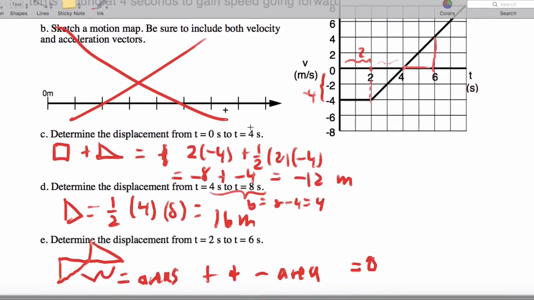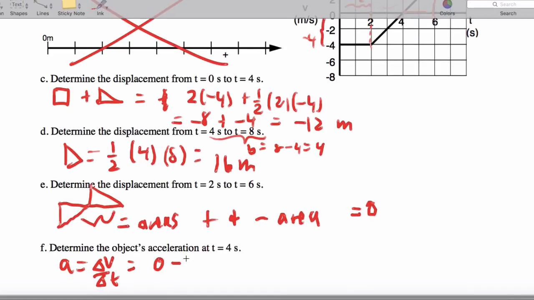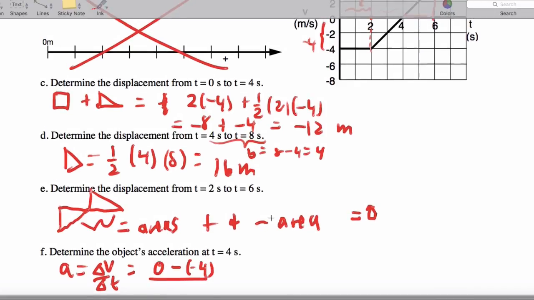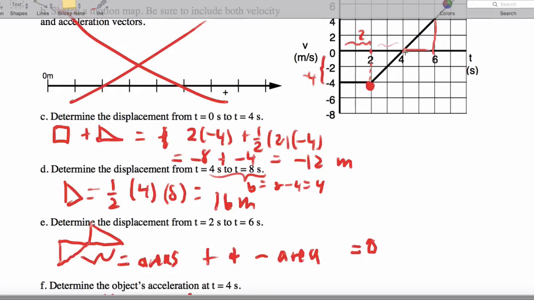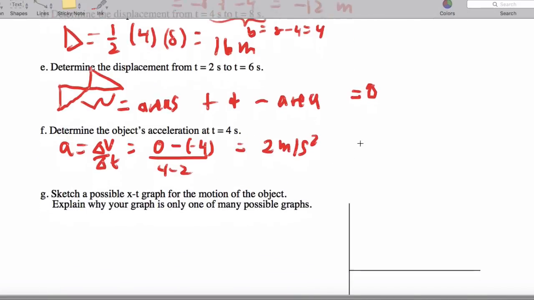The acceleration at 4 seconds, that's a is delta v over delta t, and that's going to be 0 minus negative 4 over, because I'm using this from here to here, 4 minus 2, and that's giving me 2 meters per second squared.